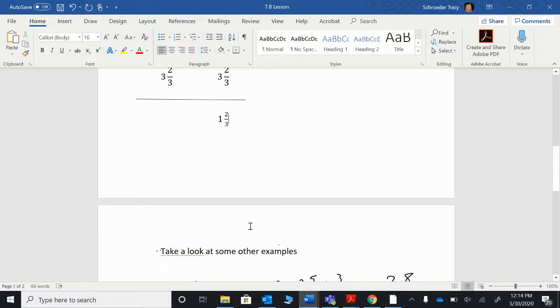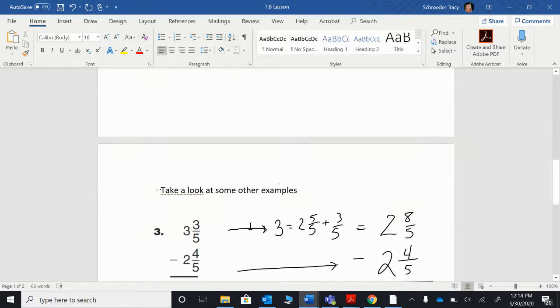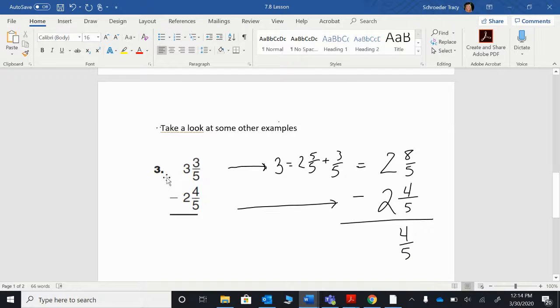Let's take a look at some other examples. If I have 3 3/5 and take away 2 4/5, I know that 3/5 cannot take away 4/5, so I need to trade a whole. When I trade a whole, I turn my 3 wholes into 2 5/5 and add it to my 3/5 to get 2 8/5.